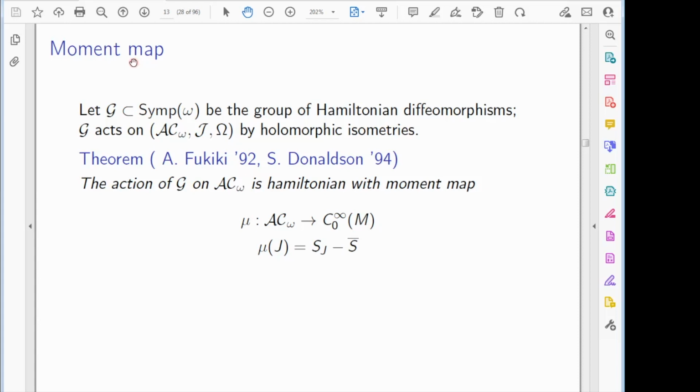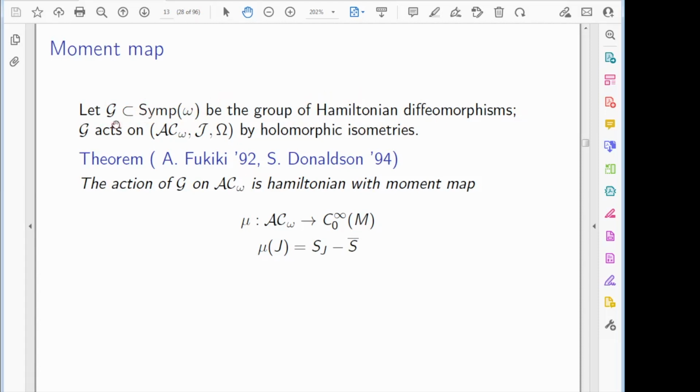Okay, so I use different notation here. If you consider the subgroup of Hamiltonian automorphisms of the manifold, the symplectic group gives holomorphic isometries of the space of almost complex structures.